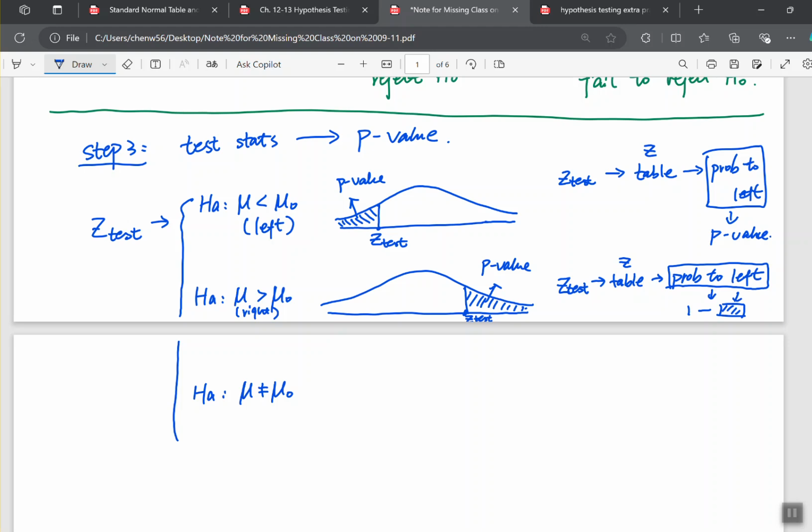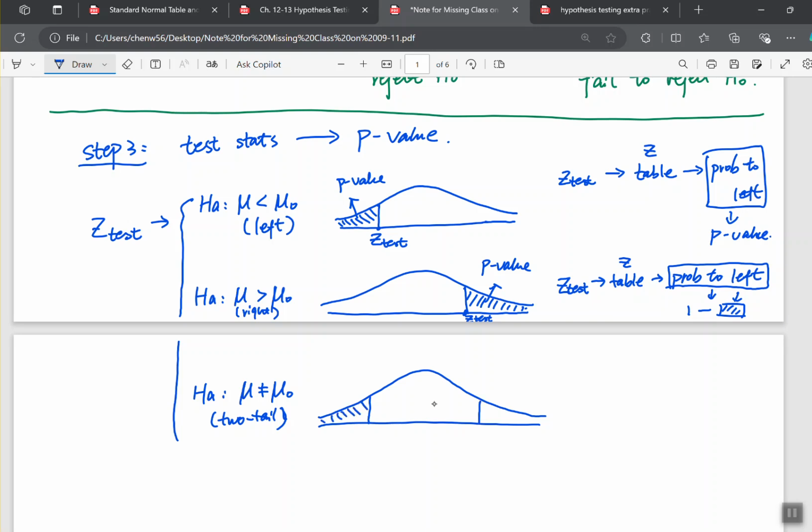All right, and then the last case is called the two-tailed hypothesis. Why do we call it two-tailed? It doesn't matter whether mu is less than mu 0 or mu is larger than mu 0. Both of these are considered as not equal. They are not equal to each other, right? So both of these cases will be considered.